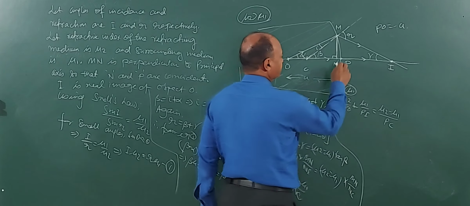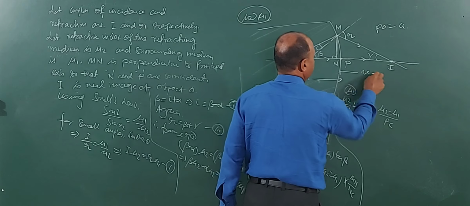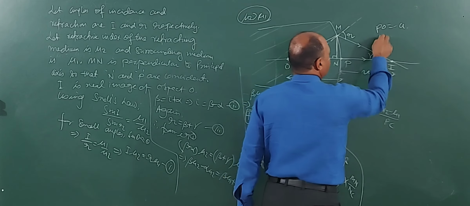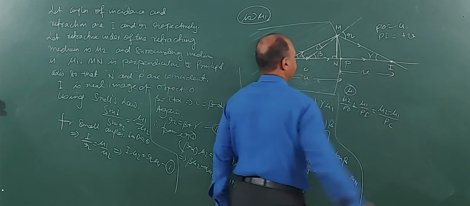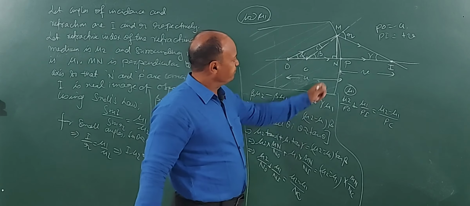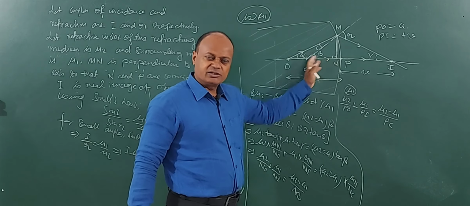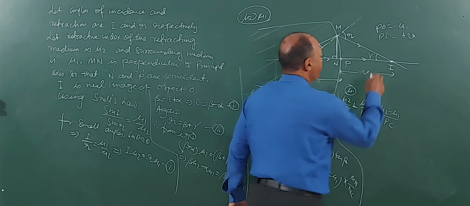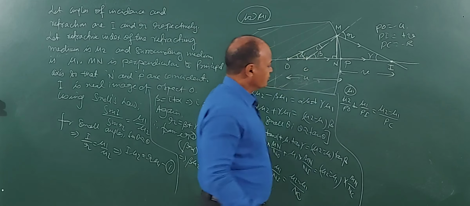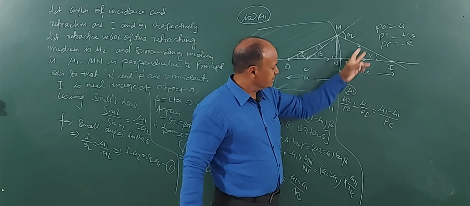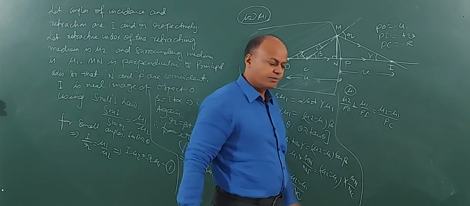Next is PI. PI is on the right, so it is plus. PI is equal to plus v. And then we have PC. PC is on the left, so it is negative, minus R, radius of curvature. So if I substitute all these distances in this equation, then what do I get?